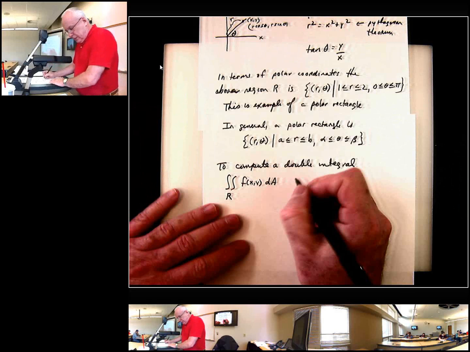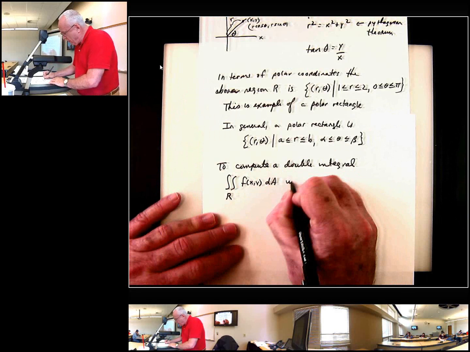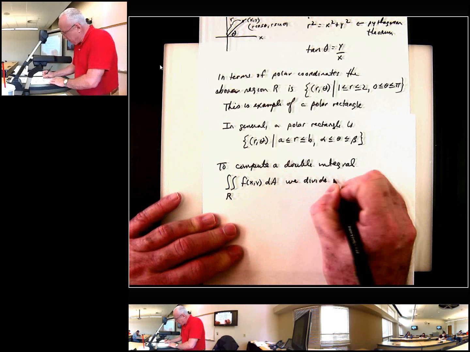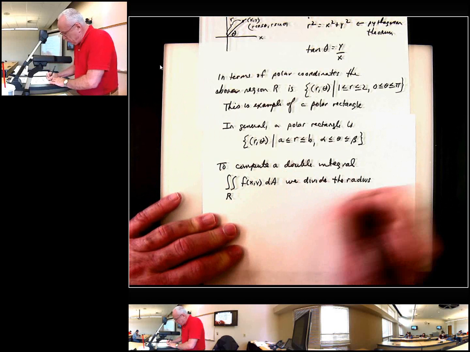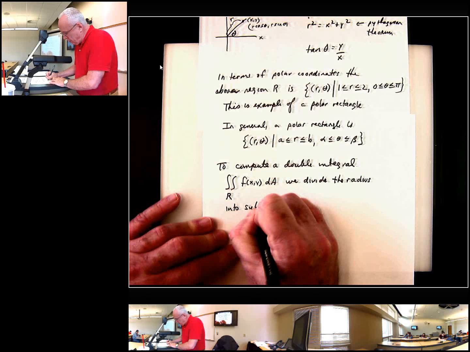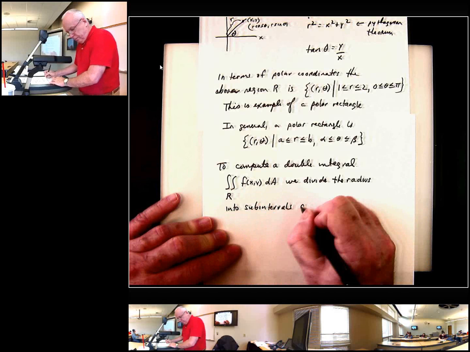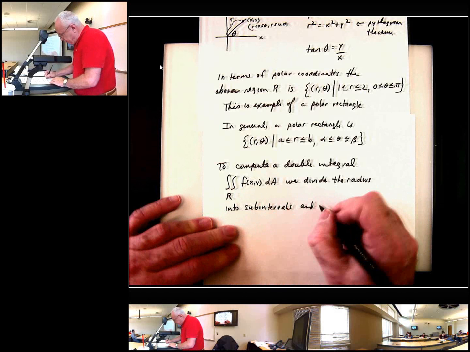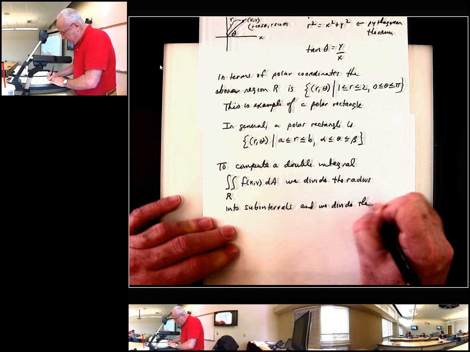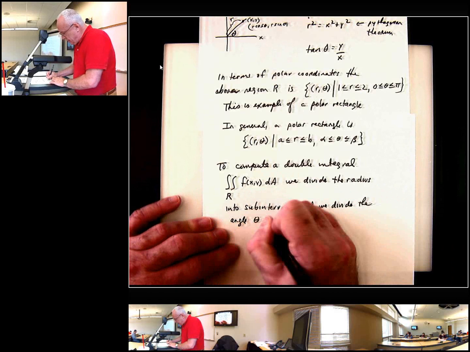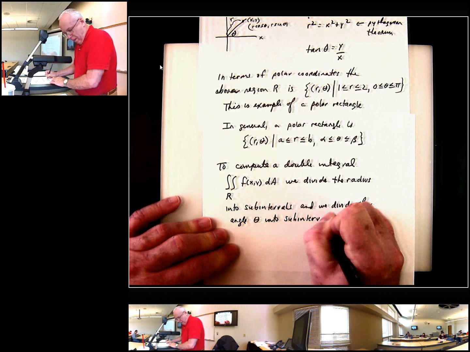What we do is we divide the radius into subintervals, and we divide the angle theta into subintervals.